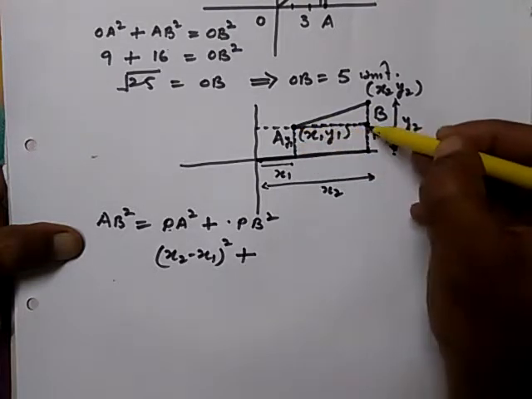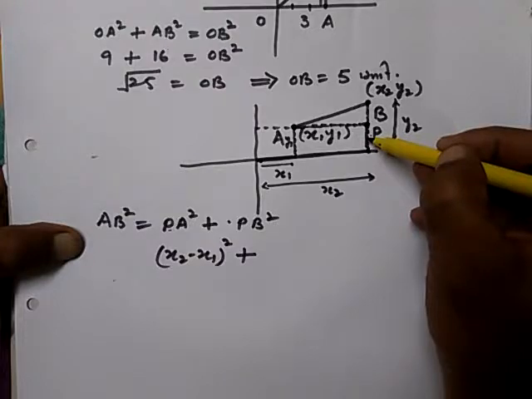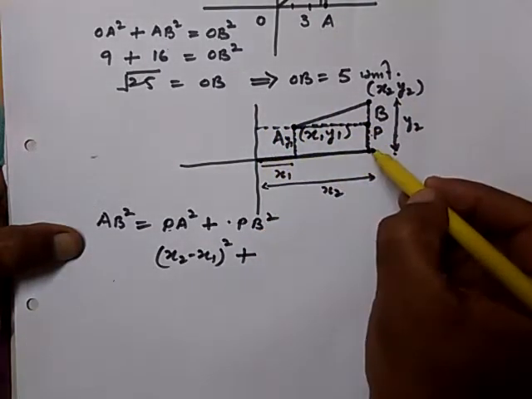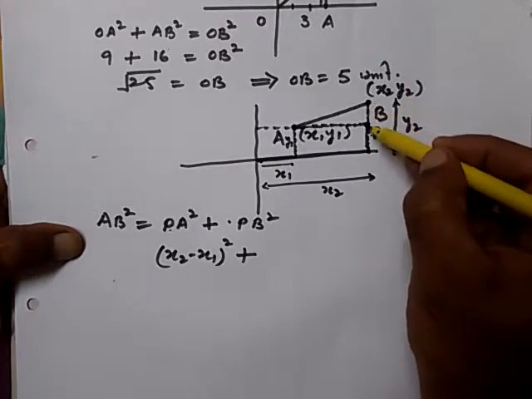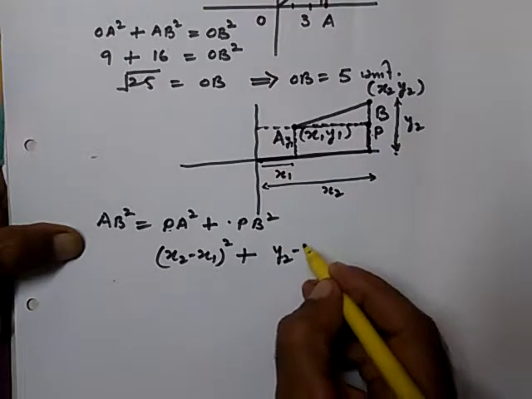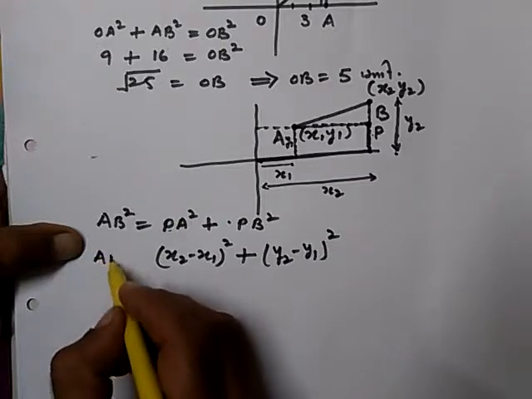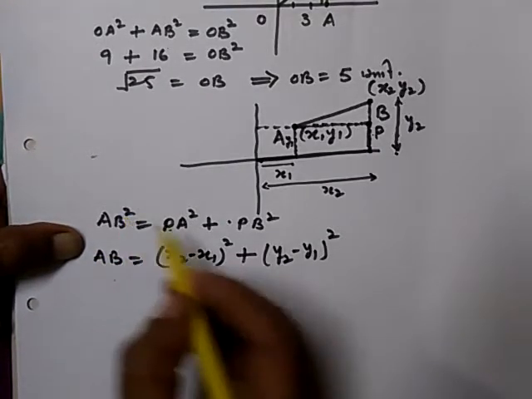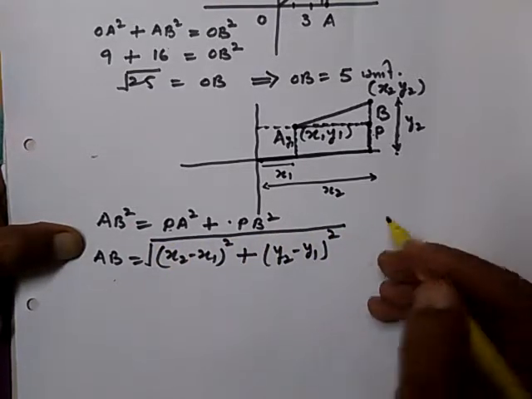These are equal, opposite sides of a rectangle. Why a rectangle? Because this line is drawn parallel to the x-axis, so it is a rectangle. So you write y2 minus y1 whole square, and this is AB square. If I remove the square from here, it becomes square root on the other side, and this is the distance formula.